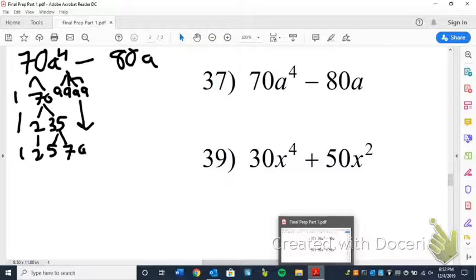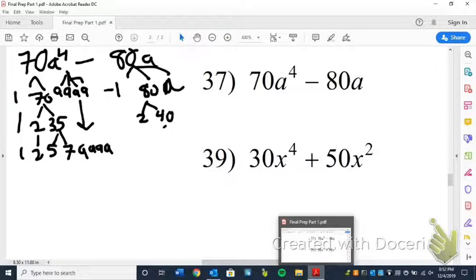And then we have our 4 a's. For 80, we're going to start off with negative 1, because it's a negative 80, times 80 times a. For 80, we're going to just start pulling out those 2's. 2 times 40. 40 is 2 times 20. 20 is 2 times 10.